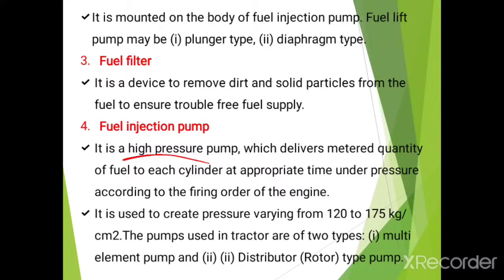The pressure is about 120 to 175 kg per centimeter square, and the pumps used in tractors are of two types, that is multi-element pump and distributor, also called rotor type pump.